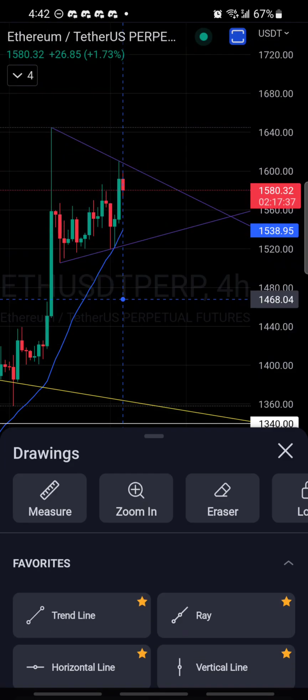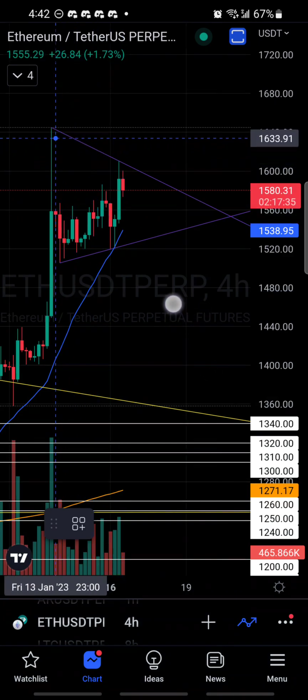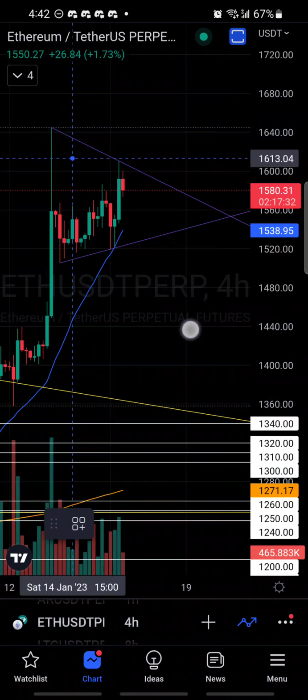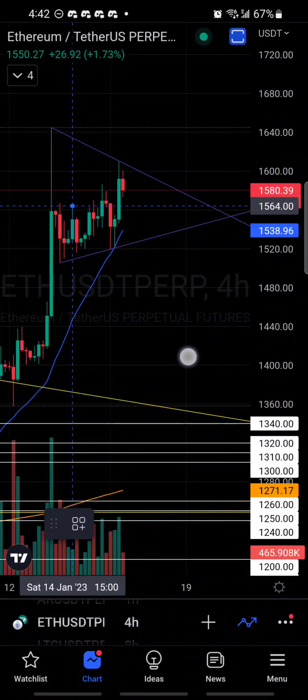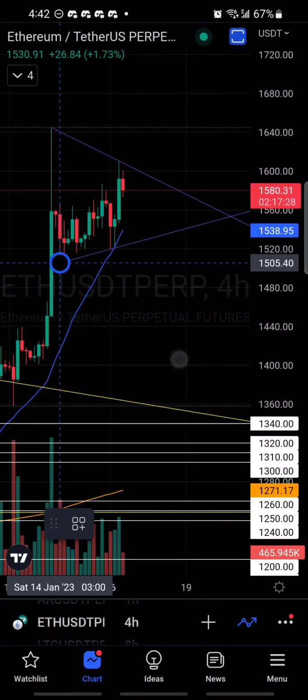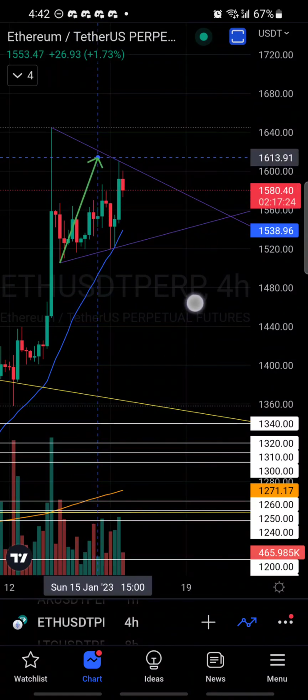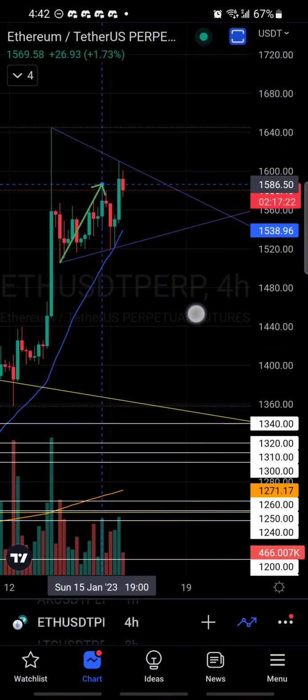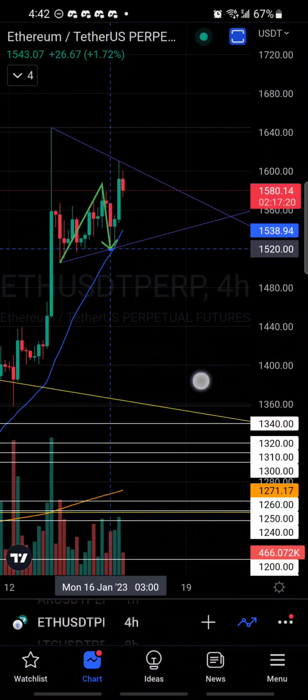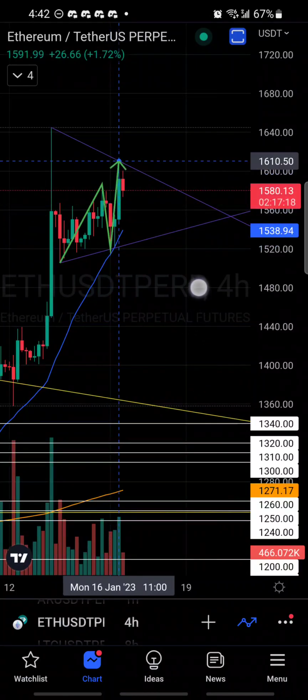So that's pretty much what I do when I use this tool. I could say the highest point was here, and then it came down to here, then it went back up to here.